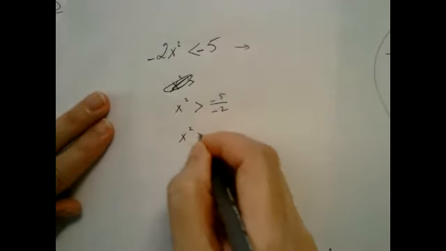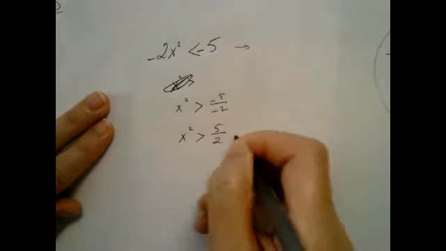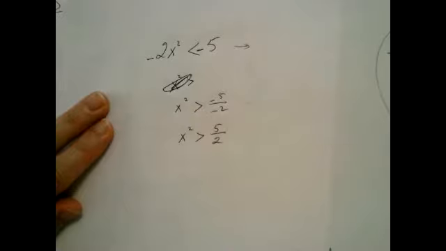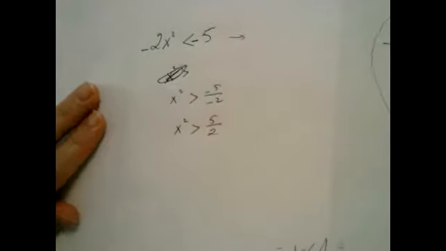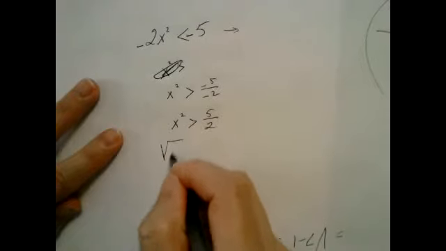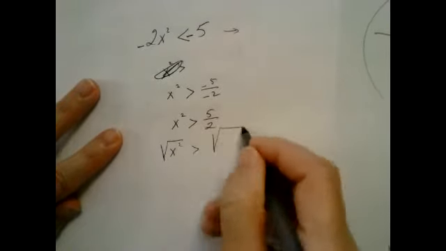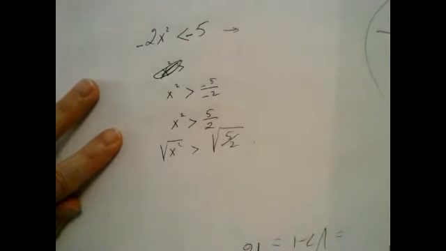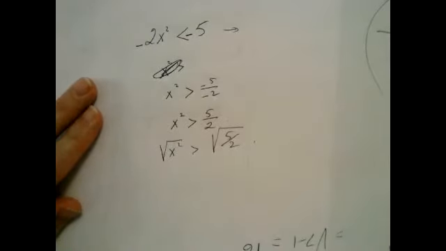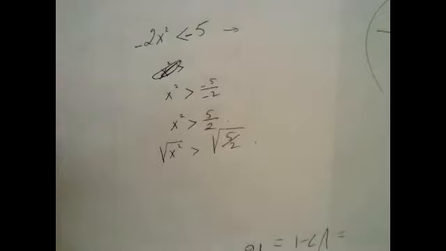It means x squared is larger than 5/2. Right. And then at this stage, you take the square root. Am I answering your question? Yes or no? I'll think of an example. Yeah, I appreciate it. And then I would go from there.